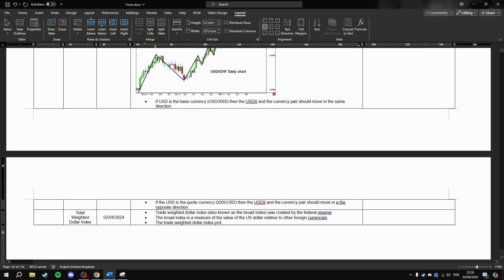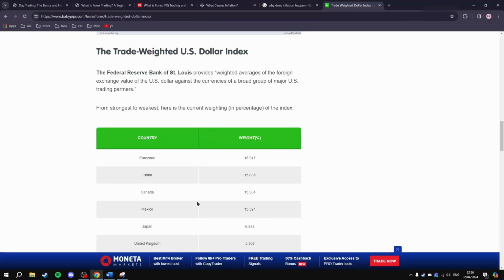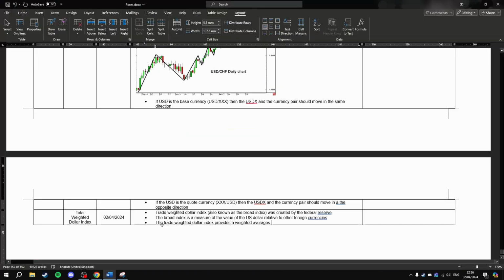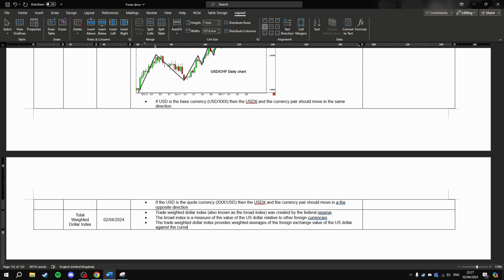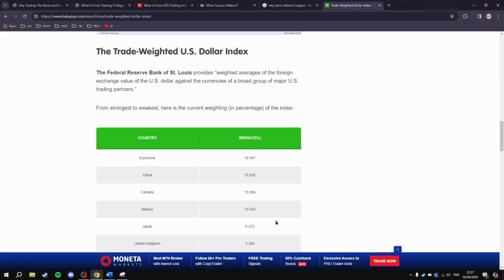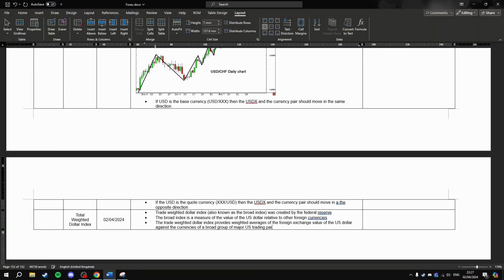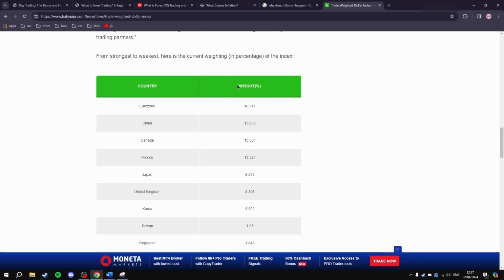The weighted dollar index provides weighted averages of the foreign exchange value of the US dollar against the currencies of a broad group of major US trading partners.